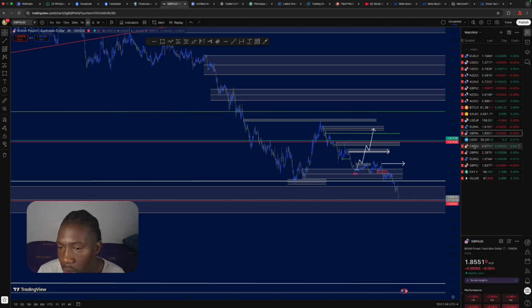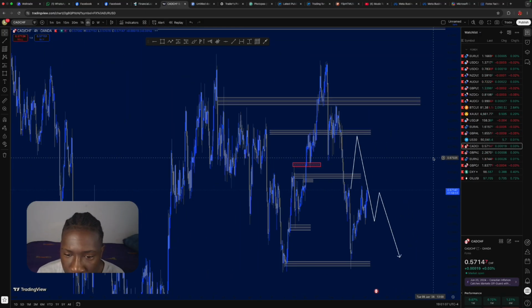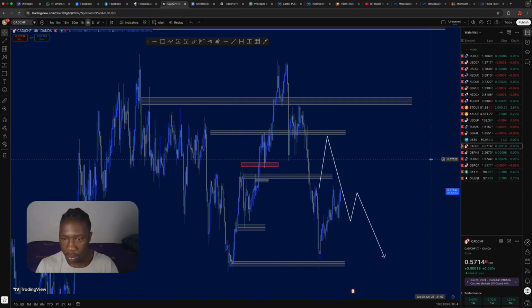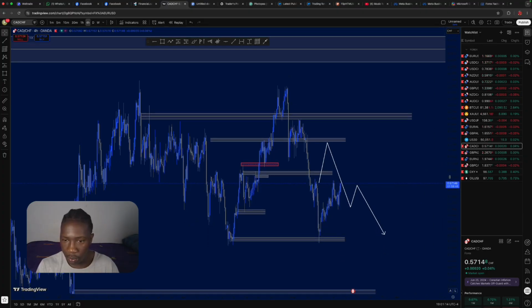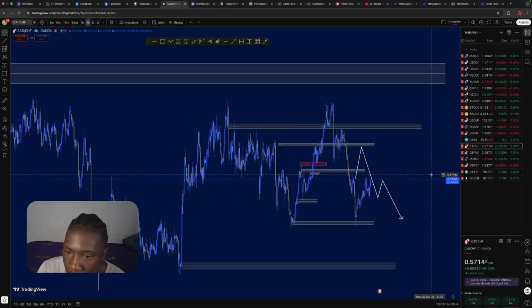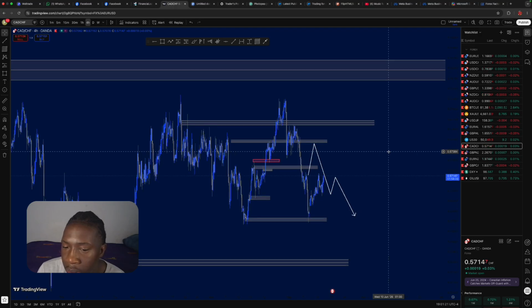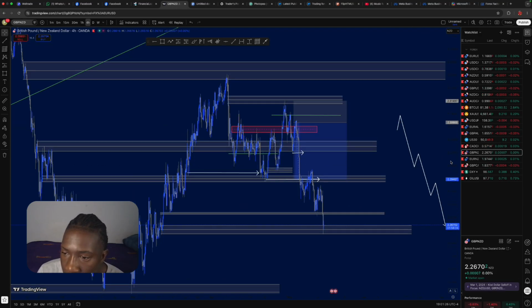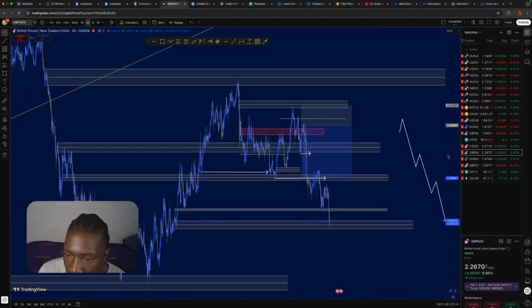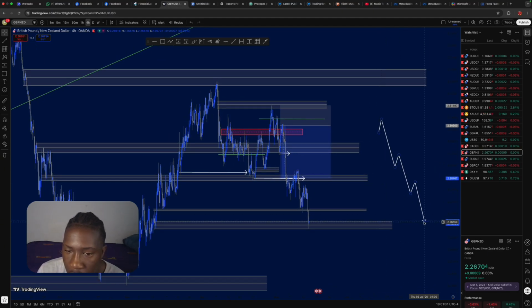We go to CADCHF, moving up. So we'll see on CADCHF. And then GBPNZD continuing moving down, and now the move is finished, because we said we need the move to reach this low, and the move has now finished to the downside.